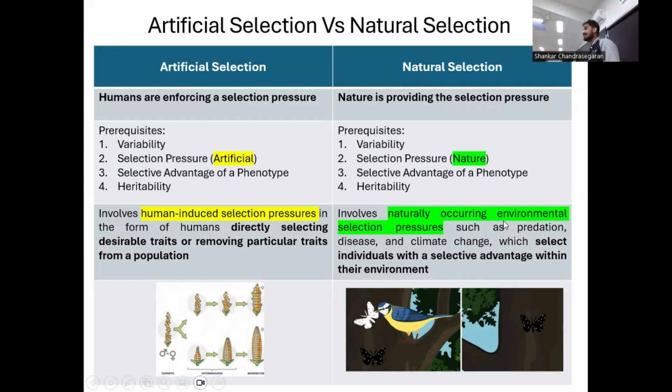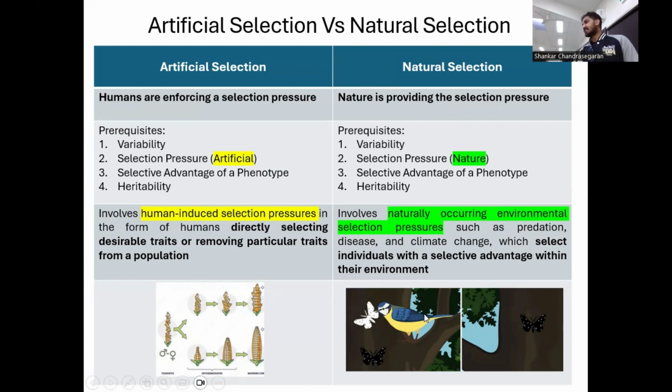Natural selection can do that as well, but the difference is natural selection is responding to the environmental pressures, whereas artificial selection is responding to the selection pressures that humans are inducing, right?